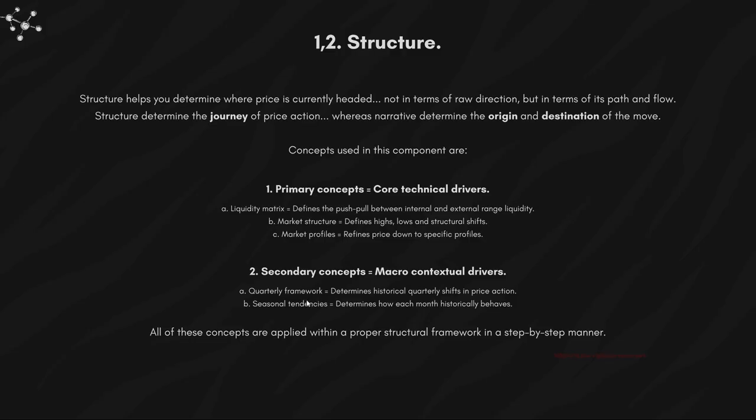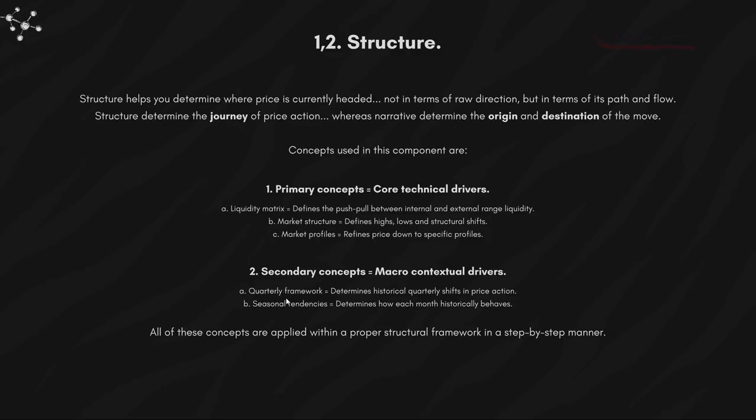And then based on that, we can build a macro directional idea. The underlying idea within the quarterly framework is that every 3 to 4 months, we have a quarterly shift in price action.